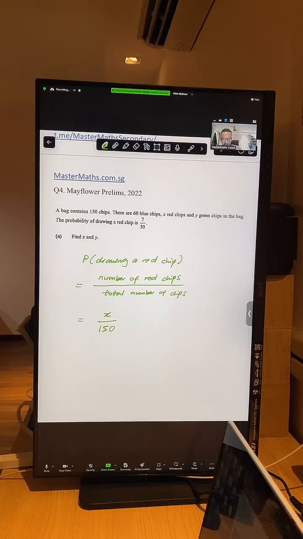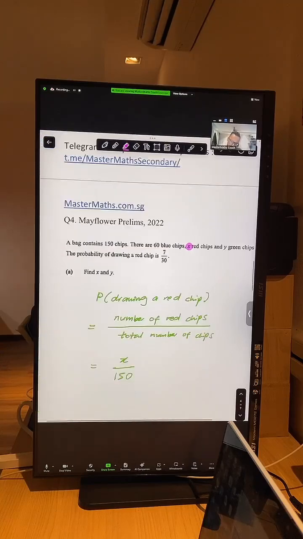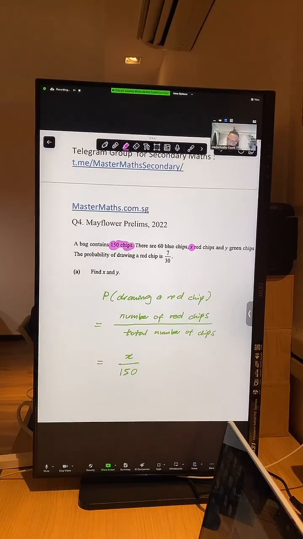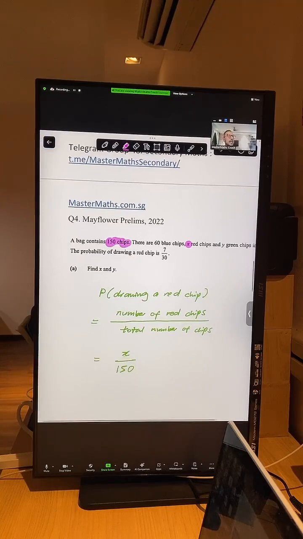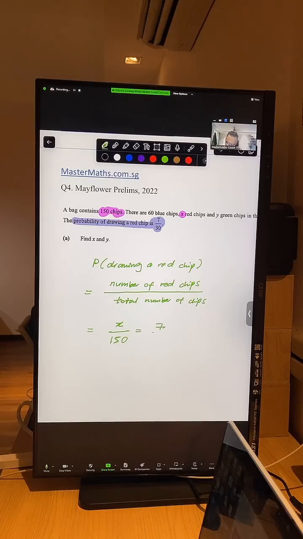Okay, so it's X over 150, because they say that there are X red chips, and then they tell you that there are 150 chips. So X over 150 equals 7 out of 30. Why? Because the probability of drawing a red chip is 7 out of 30. You can see? So this thing equals 7 out of 30.